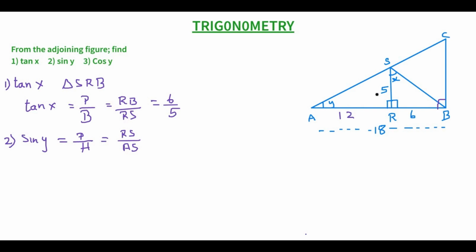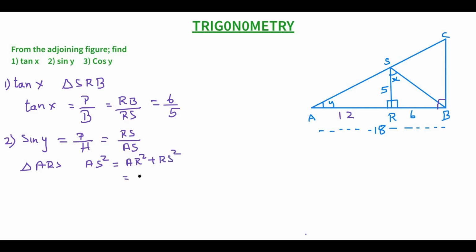Which formula would you be applying for this? Any guesses? Right, we are going to apply the Pythagoras theorem. So in triangle ARS, as you could see, it's a right angle at R, so which is the hypotenuse side? AS. So we can write the formula as AS square equals AR square plus RS square.